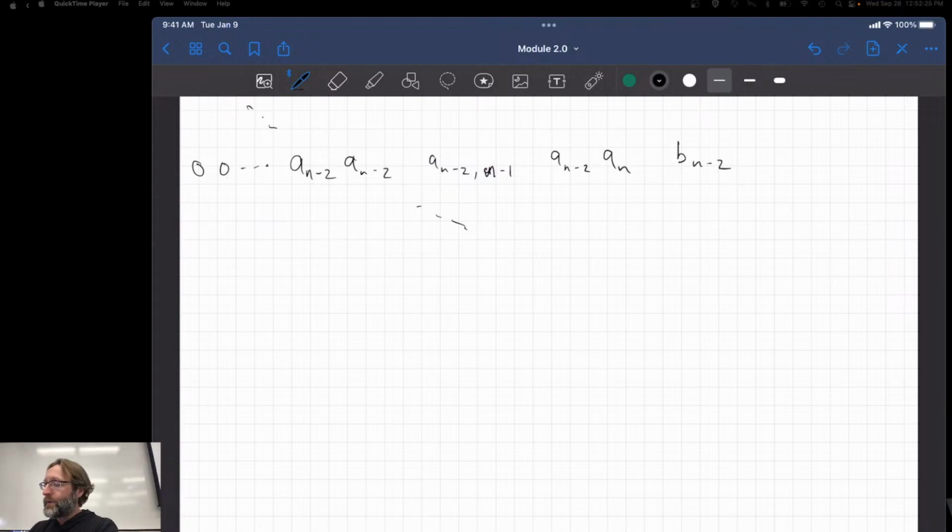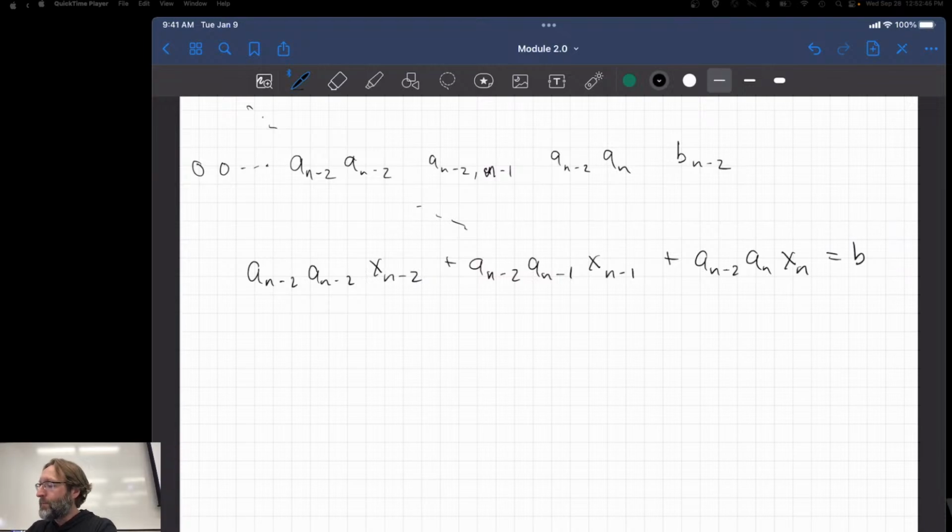So this corresponds to the equation a sub n minus 2, n minus 2, x sub n minus 2, plus a sub n minus 2, n minus 1, x sub n minus 1, plus a sub n minus 2, n, x sub n is equal to b sub n minus 2.